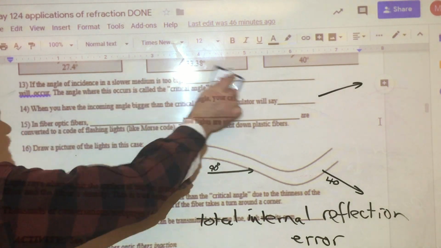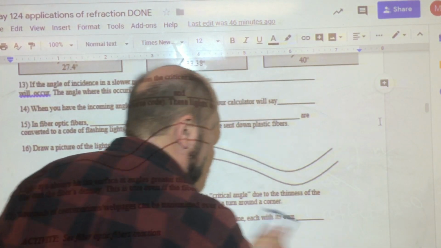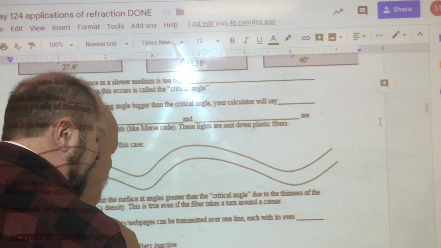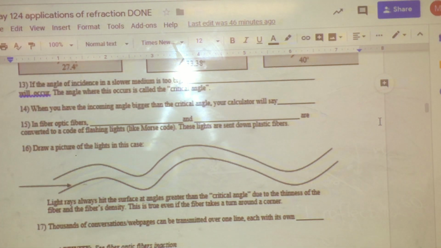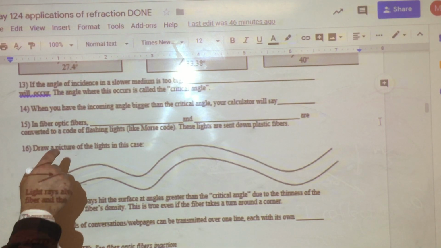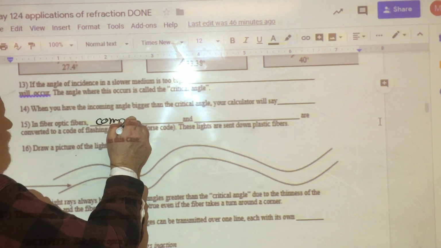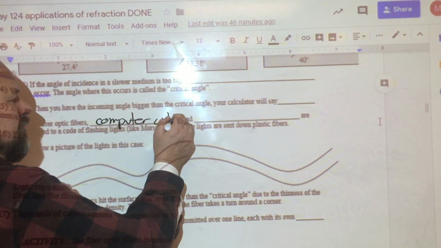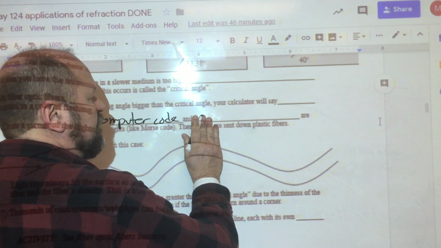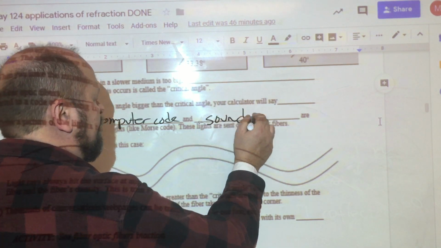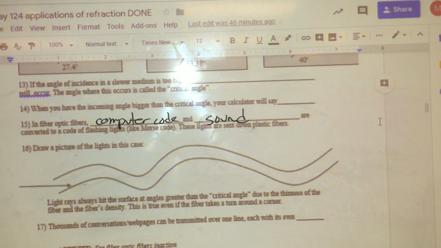Fiber optic cables are made out of special plastic that is very dense with light, just like diamond is. And so we can use that to change computer code and sounds into pulses of light like Morse code, flashing on and off.